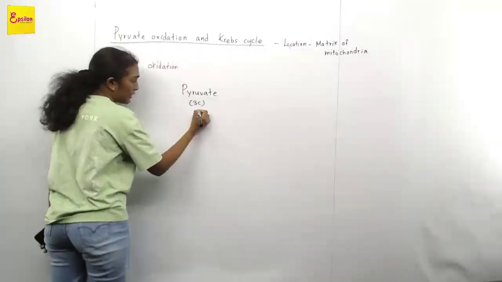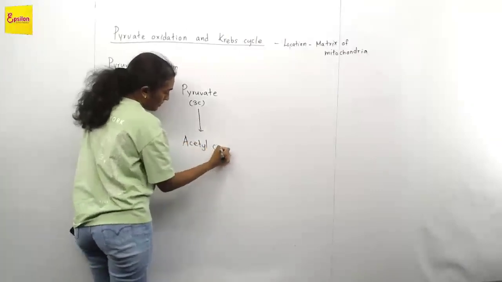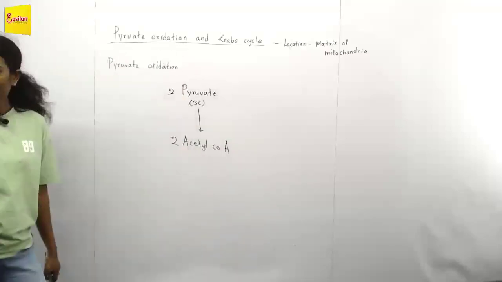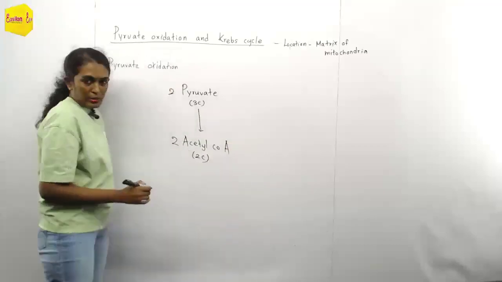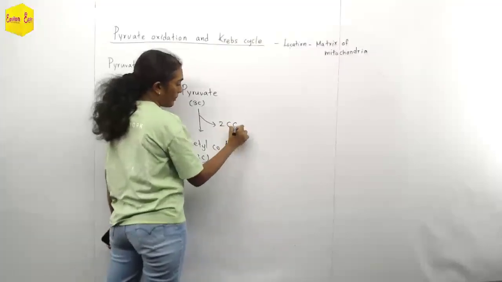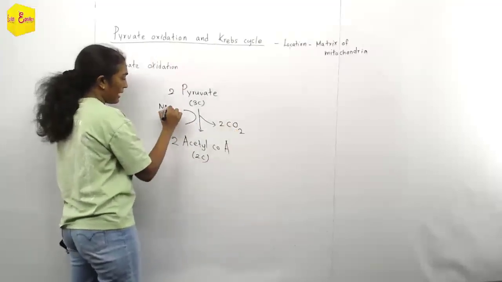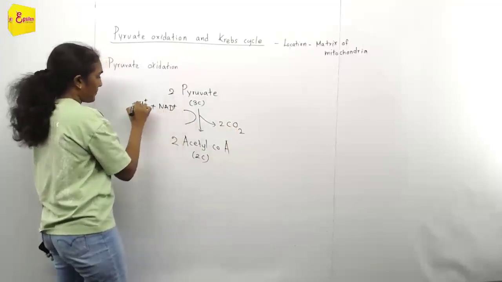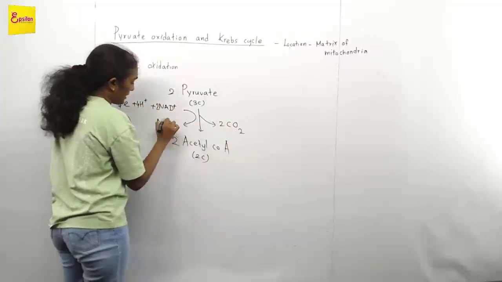It is being converted into acetyl coenzyme A. Two pyruvates will produce two acetyl coenzyme A molecules. Acetyl coenzyme A is a 2-carbon compound, so it is releasing carbon dioxide molecules, and also it will be reducing NAD plus into NADH.